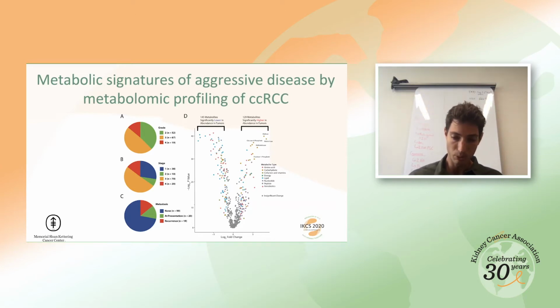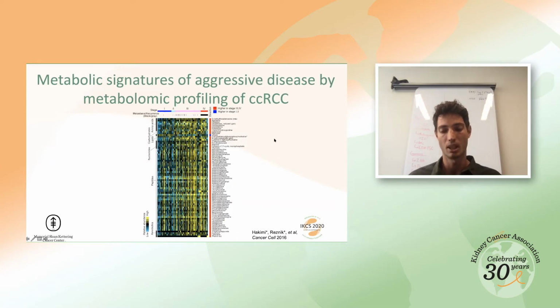Now, what was more interesting was that when you started comparing aggressive tumors, so let's say high-stage tumors, to low-stage tumors, surprisingly, we noticed that many metabolites show very profound changes in abundance as the tumors became more and more aggressive. Now, after years of looking at lots of different metabolomic data from many different cancer types, I can tell you that this is not the kind of finding that you see in every cancer type.